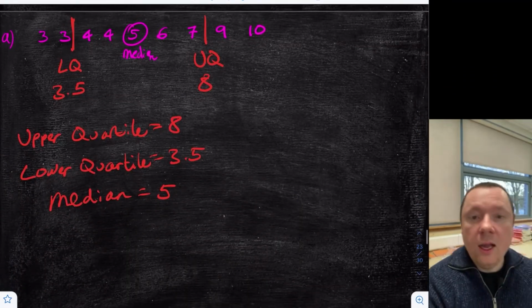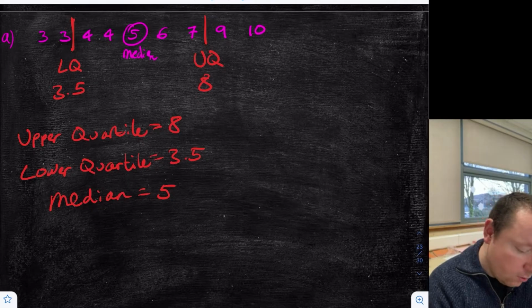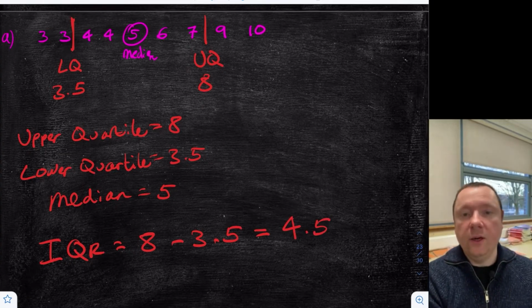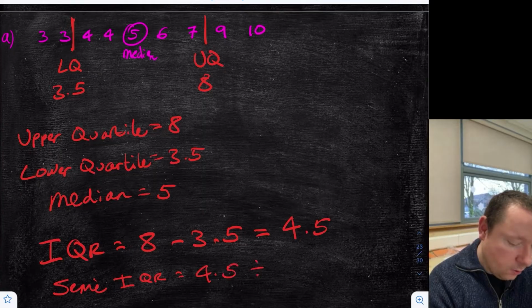Now remember, in National 5 from now on, you'll get asked for the interquartile range, but I'll do the semi as well. So the interquartile range is just 8 take away 3.5, upper minus lower. It's 4.5, but to answer the questions for this paper, the semi-interquartile range is just half of that. So 4.5 divided by 2, which is 2.25.